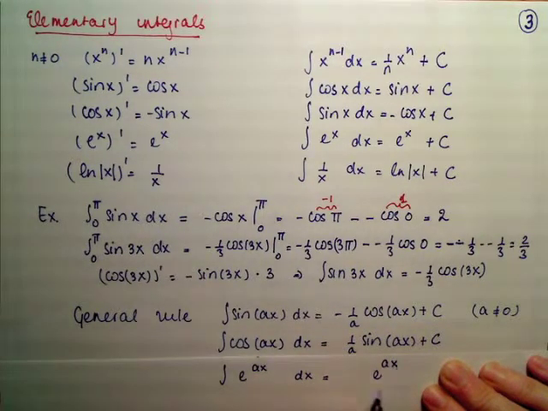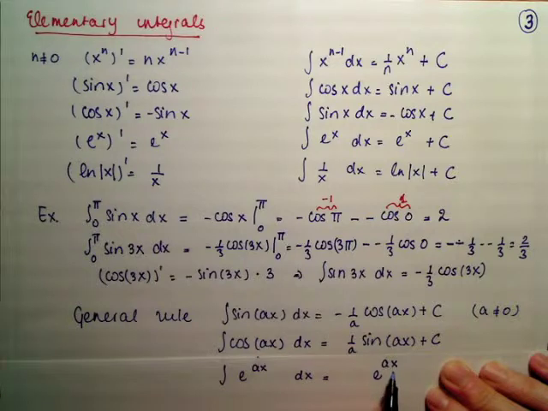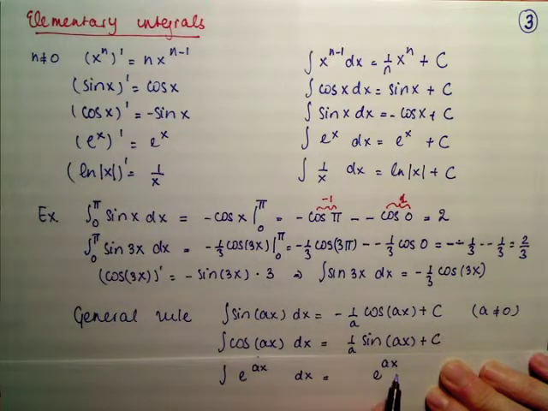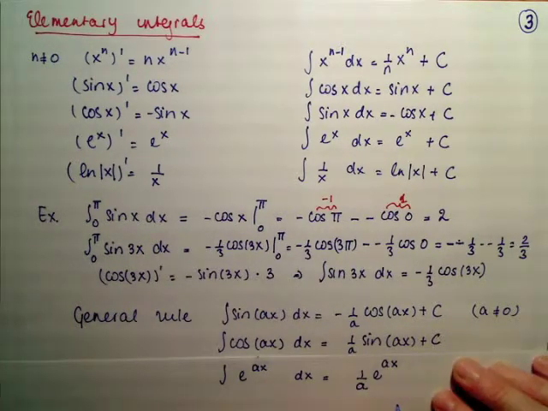Then we get e to the same power multiplied by the derivative of the power. This is the chain rule. Now the derivative of the power is a, and so we have to compensate for this extra factor a that we get when we differentiate. This we do in the same manner as before by multiplying by 1/a.